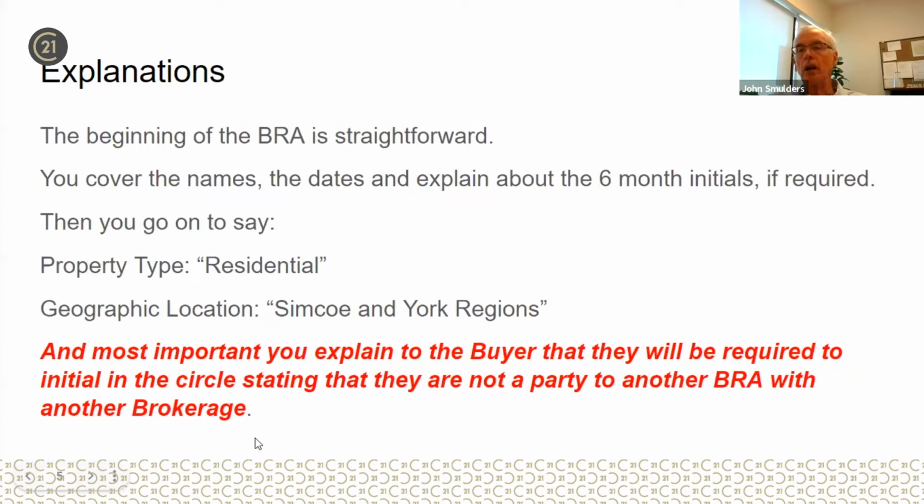So the BRA. The beginning of the BRA is really straightforward. You cover the names, the dates, and explain about the 6-month initials if required. Then you go on to say property type residential, geographic location, and you put down whatever, say the York regions. You do have to be careful about putting down GTA. The reason why is GTA is actually not a provincial or municipal defined border.